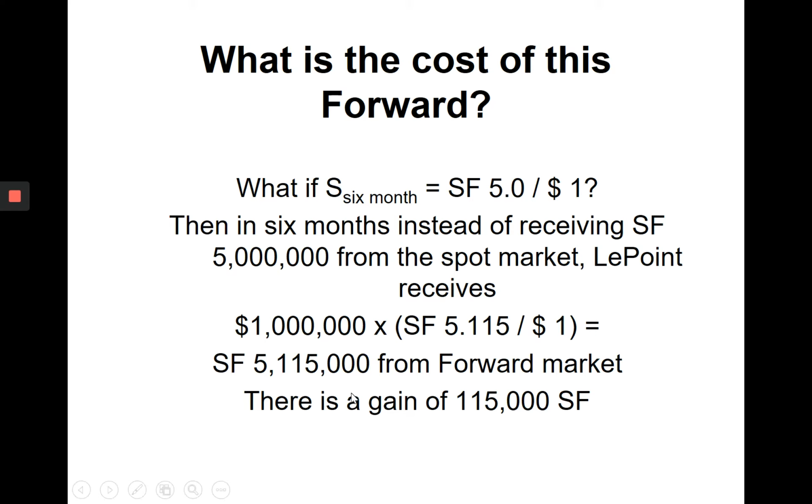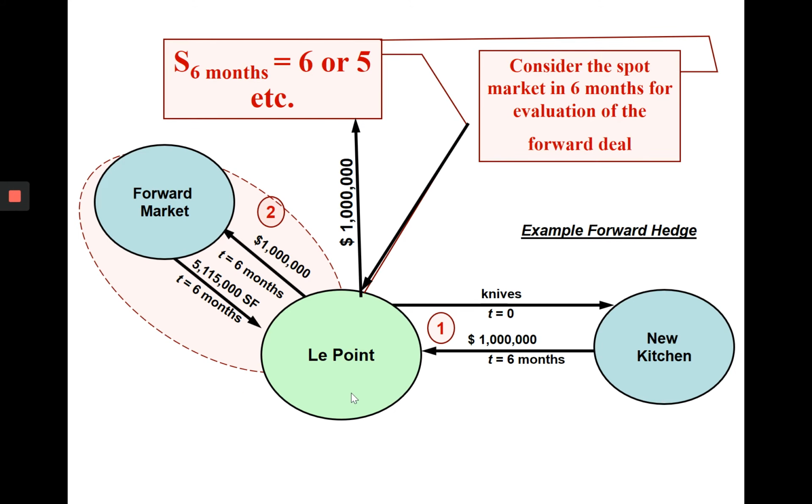Let's talk a little bit about the cost of this contract, because we want to compare it to other methods of hedging, and then discuss if those methods are more costly or less costly. I'll backtrack to the previous slide.